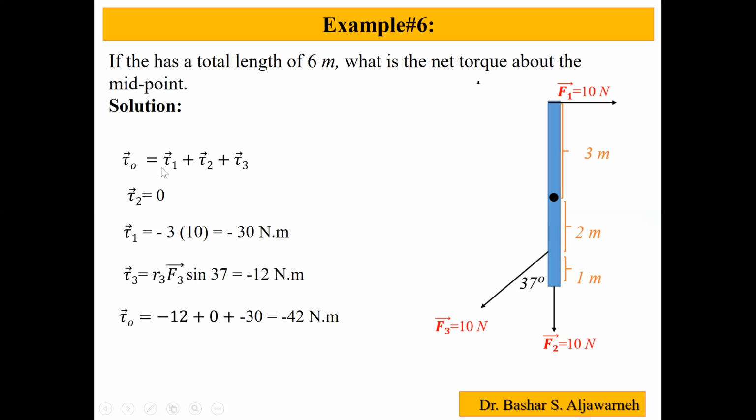So now we have torque from F1 plus torque due to F2 plus torque due to F3. This will give you minus 42 newton meters, or 42 as a magnitude and clockwise as a direction, or 42 as a magnitude and into the page as a direction.